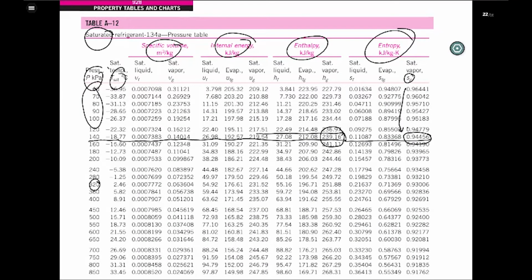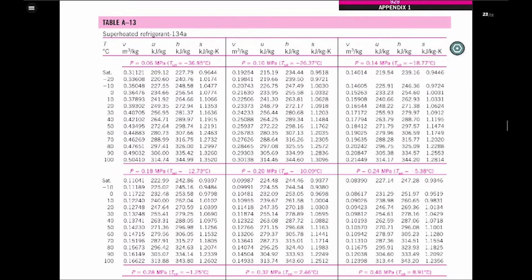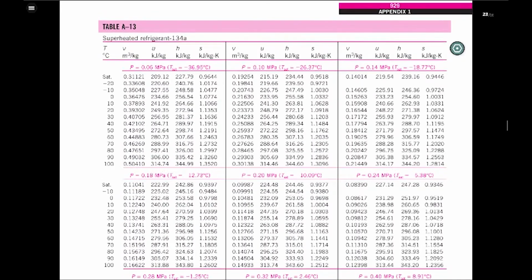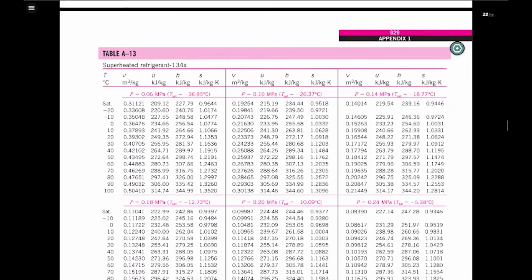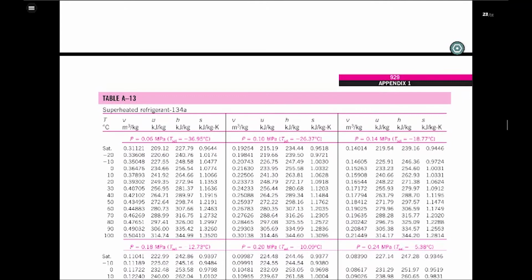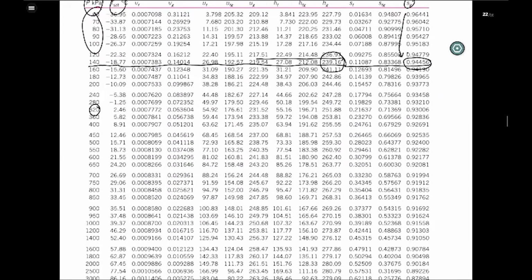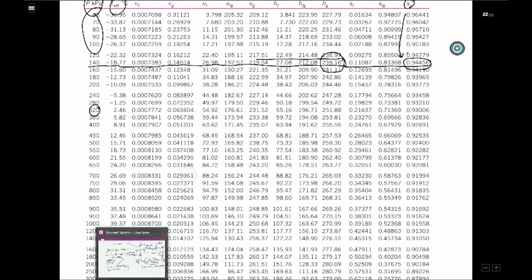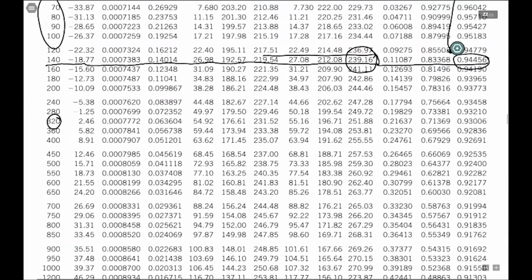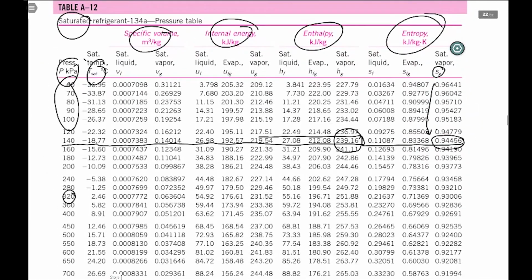This is your first step. Don't just jump into the superheated table here, A13. If you do not know the name of this state, you should go first to your saturated refrigerant table.